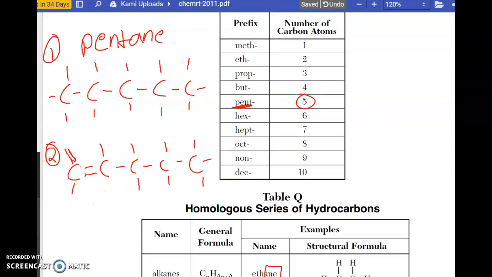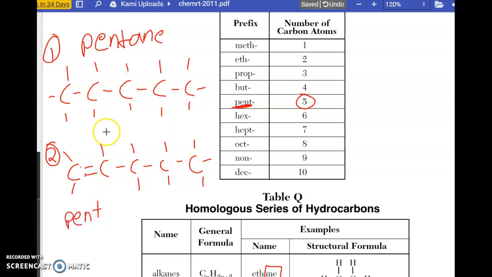So here I drew another organic hydrocarbon for number 2. And you can see it has 1, 2, 3, 4, 5 carbons. So it's also going to start with pent.